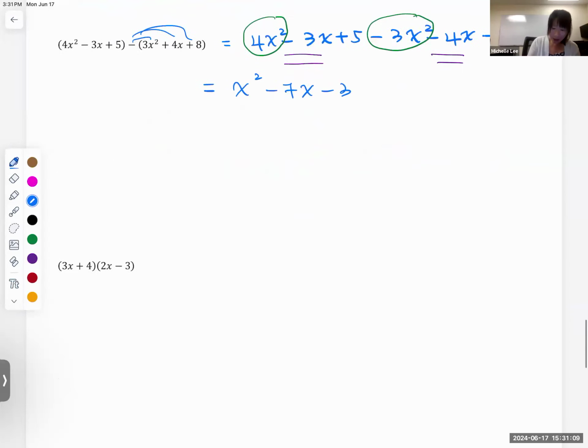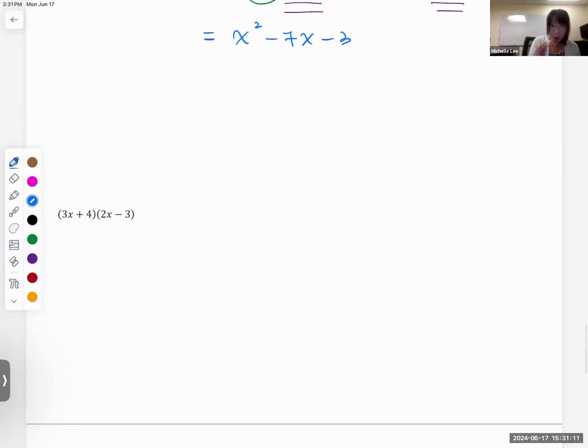Okay. Now, next one, we have to multiply, right? So first term with the first term, there will be 6x squared. First term with the second term, there will be negative 9x. And then second term with the first term, positive 8x.